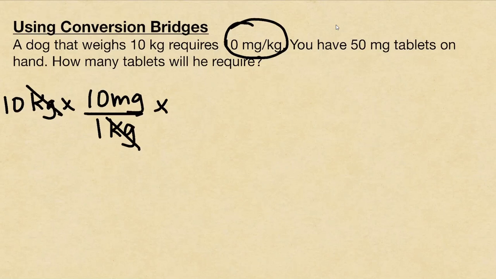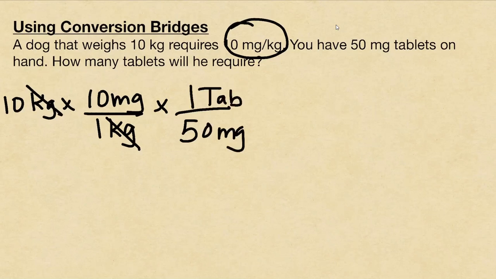Now they gave me more information. They said I have 50 milligram tablets on hand. So my milligram is up here, and I'm going to put my 50 milligram down here, and that's per tab. So I can get rid of my milligrams on that side. Now all I need to do is simply multiply straight across.